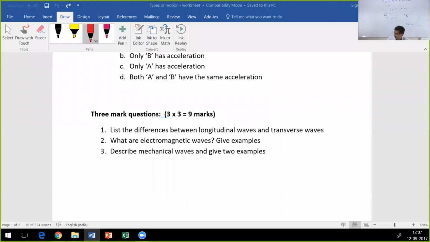If we come to the 3-mark questions, list the differences between longitudinal waves and transverse waves. So copy the question and then we will discuss the answer.